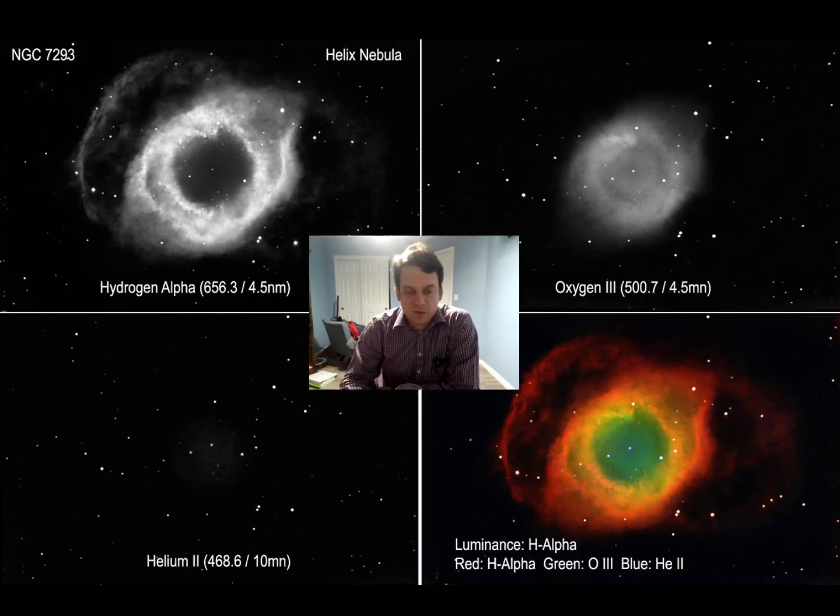And here are some more pictures taken of the Helix Nebula, also known as NGC 7293. It's the same nebula, but taken in different bands of the spectrum. So the upper left-hand corner, you filter out everything but the hydrogen alpha line, so you're looking specifically at a wavelength of 656.3 nanometers.